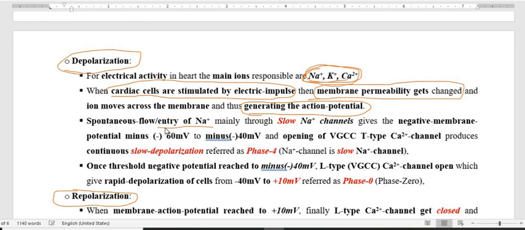When sodium gets entry inside the cell, which type of sodium channel is it? It is the slow sodium channel through which the sodium is entering inside the cell.